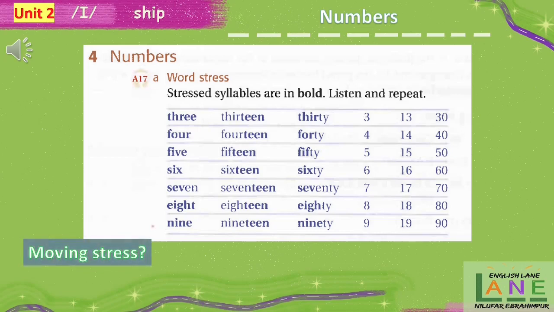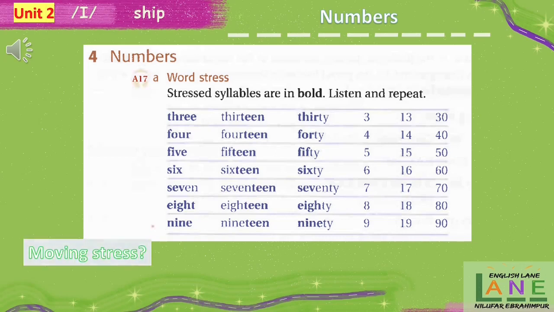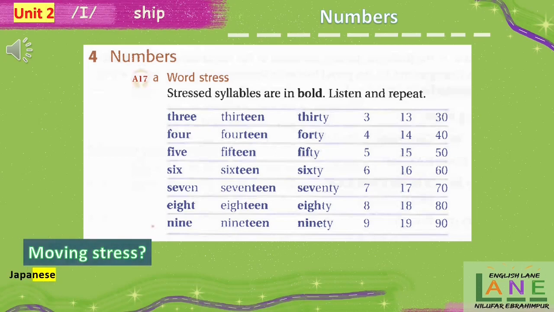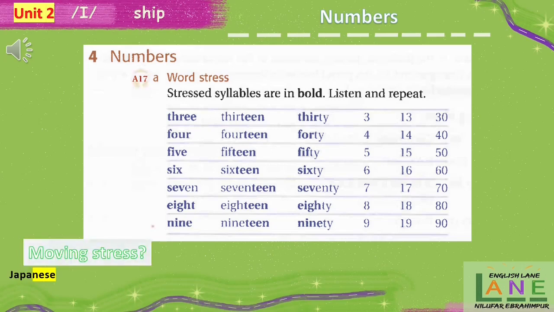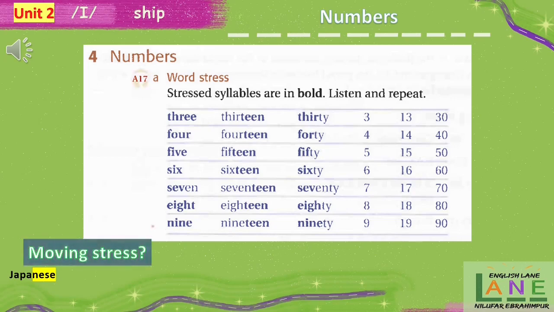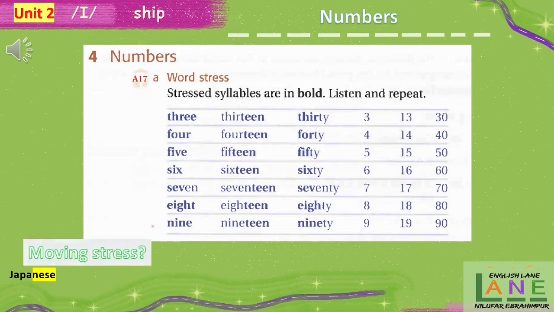We had it for the nationality words in Unit 1 with stress on the last syllable ease. Japanese. Basically, we use this stress like this. When you say Japanese, the stress goes on the second syllable, ease.